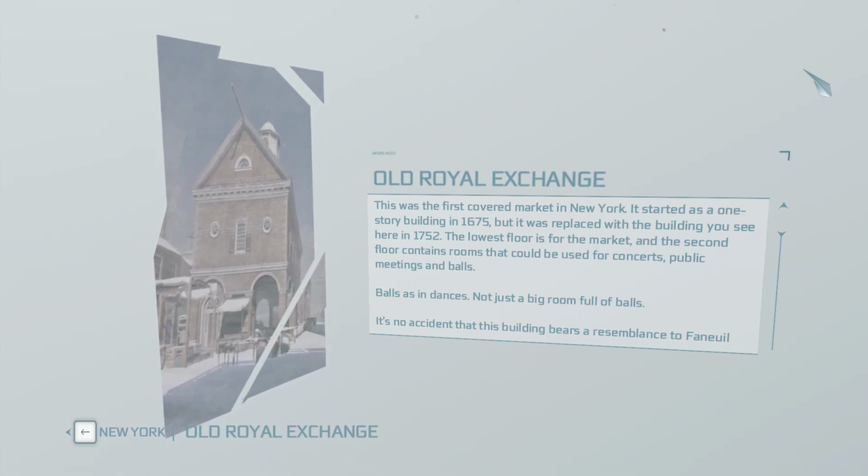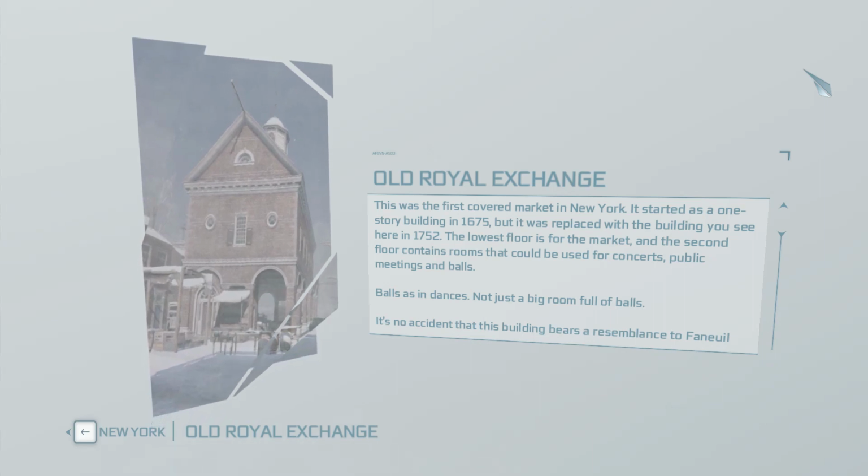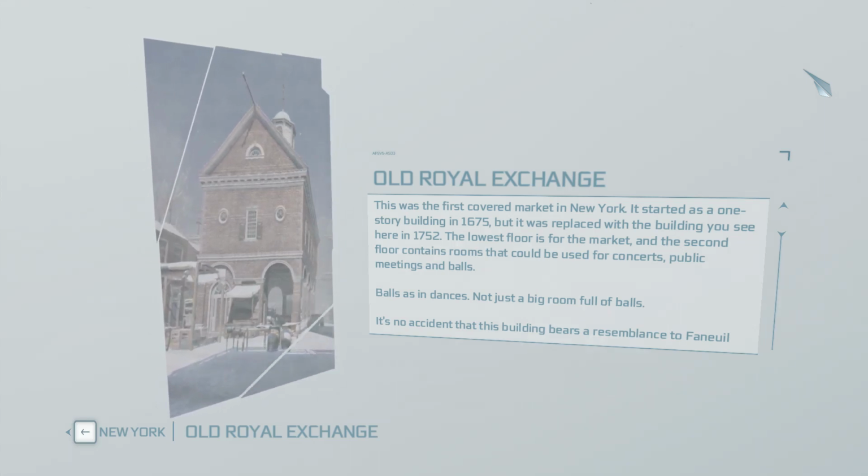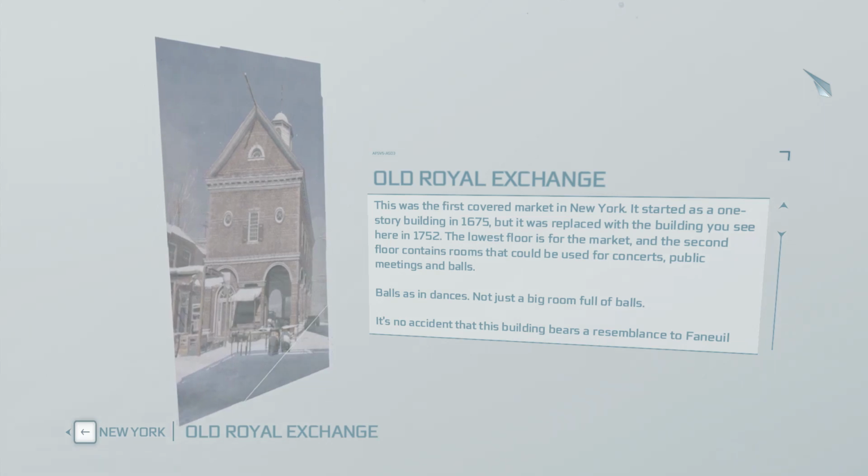The lowest floor is for the market, and the second floor contains rooms that could be used for concerts, public meetings, and balls. Balls as in dances, not just a big room full of balls.